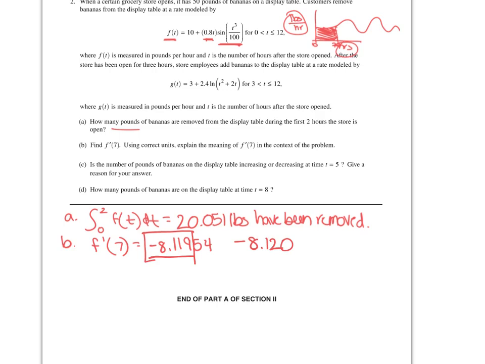So let's think about the meaning of that. It says explain the meaning of F prime of 7.